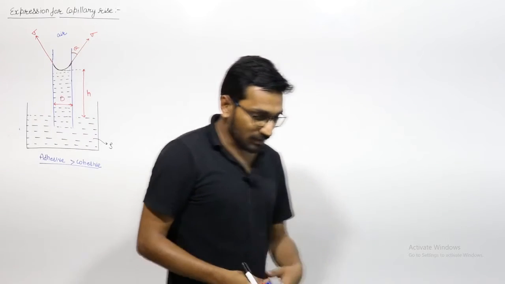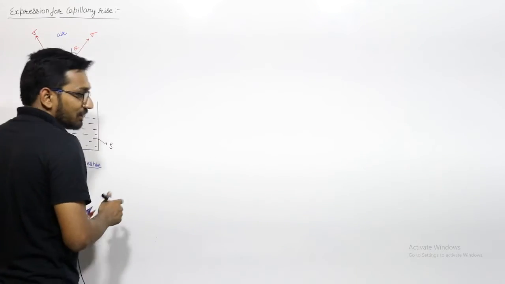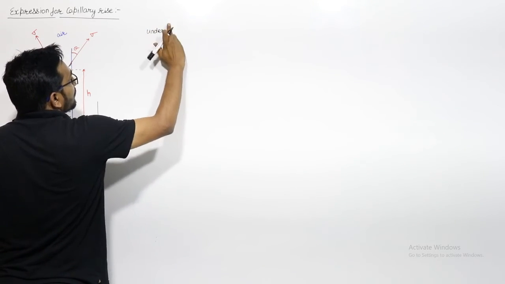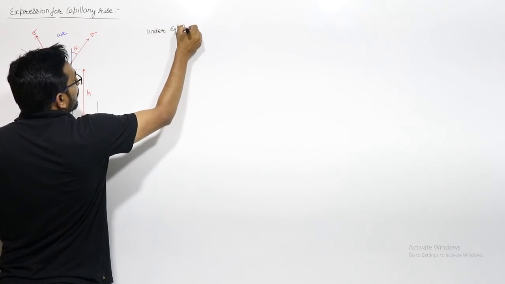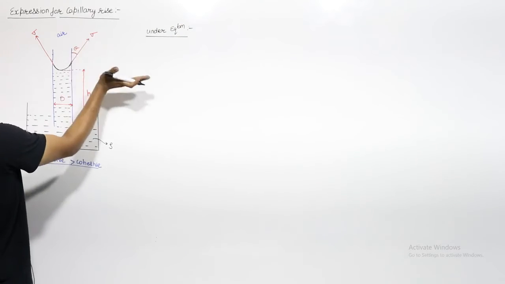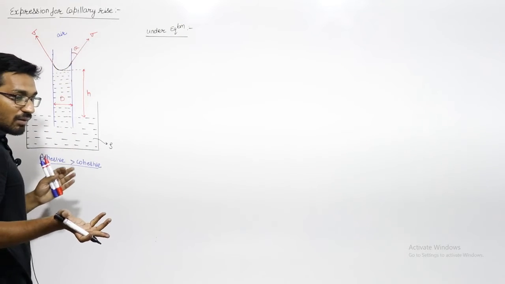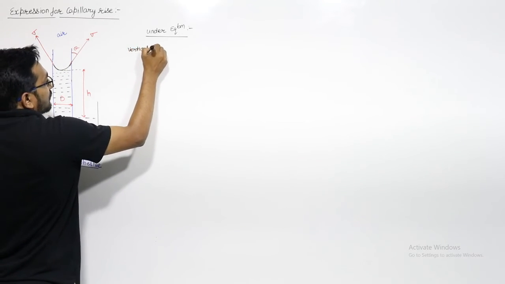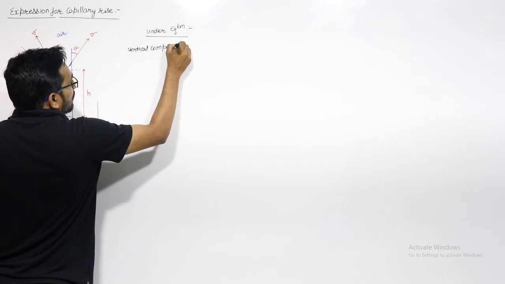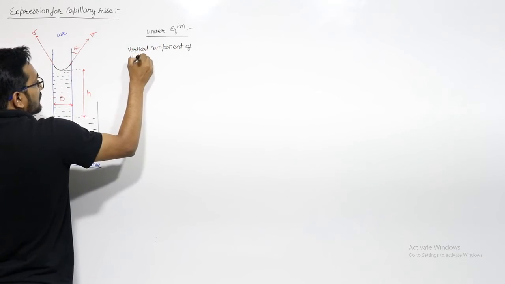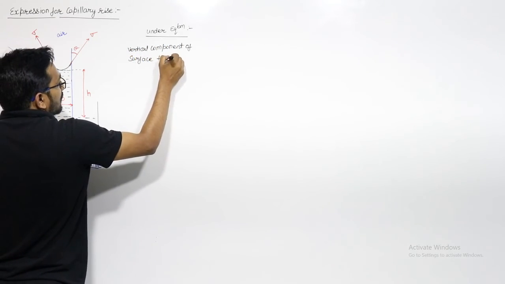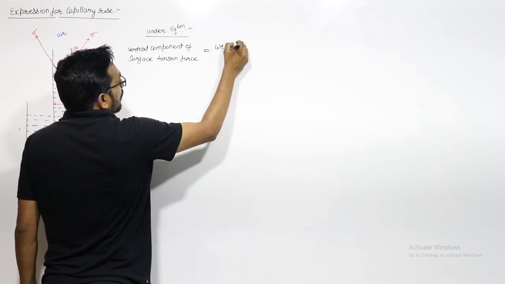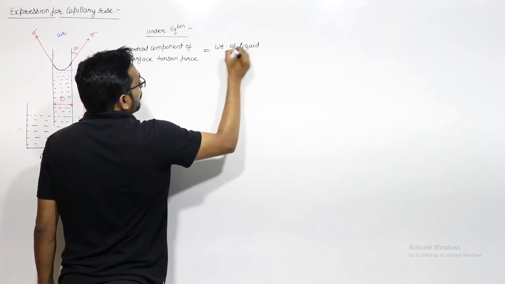Under equilibrium condition, the horizontal components of the surface tension force will cancel out, obviously. So the vertical component of surface tension force will be equal to the weight of the liquid column, right?